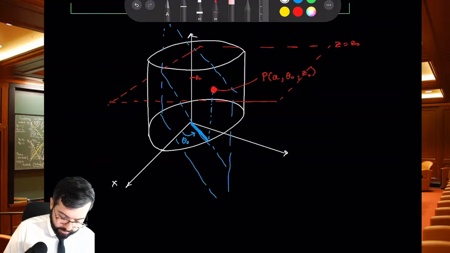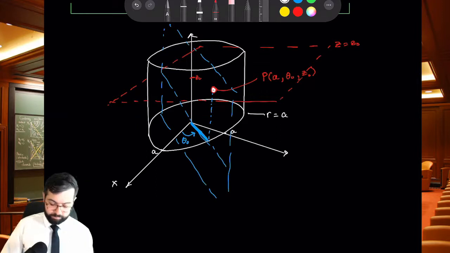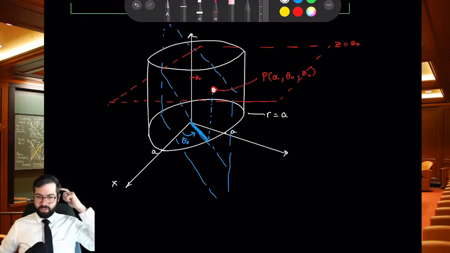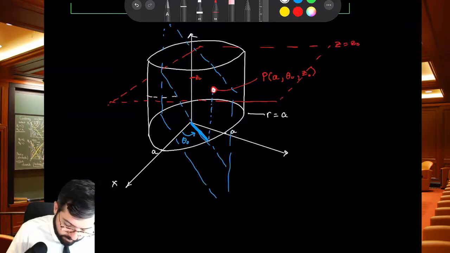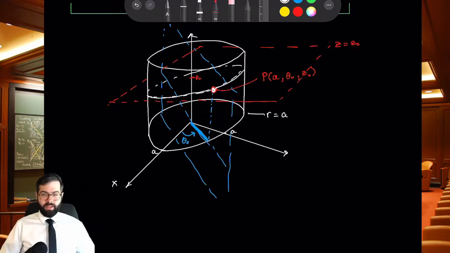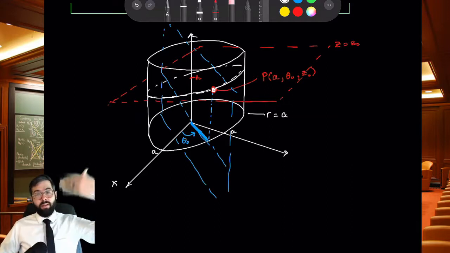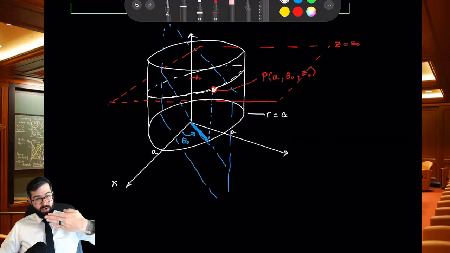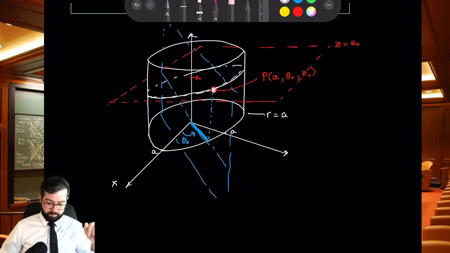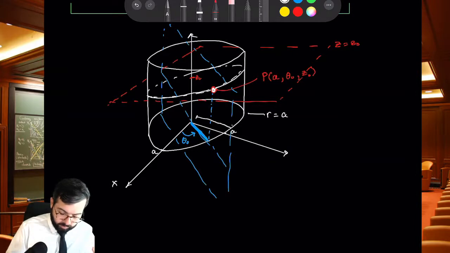And then this cylinder, where it's resting on the edge of, this is of radius a. Okay, so it's on the edge of this cylinder, the intersection of the plane z equals z naught, the plane theta equals theta naught, which is how far we're spinning around the z-axis, and then how far out, that radius in the xy plane. Okay, so here's r equals a.